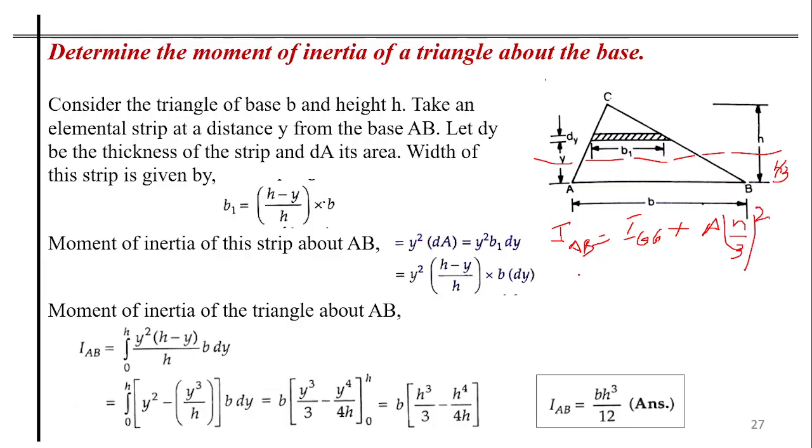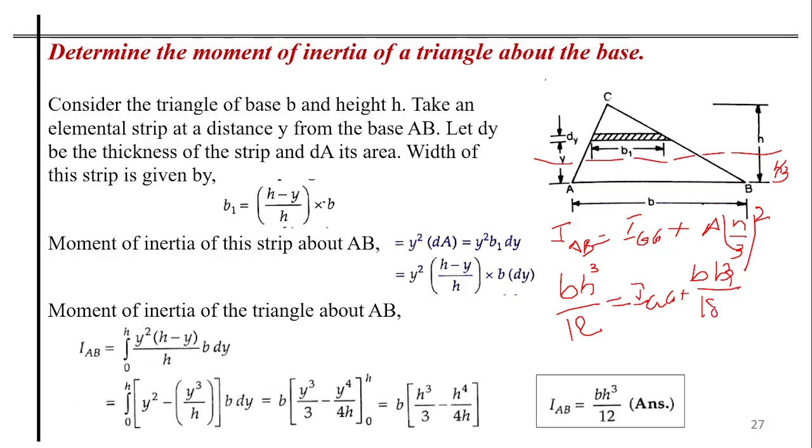Now, IAB is known to me, which is bh cube divided by 12, equal to IGG plus bh divided by 2 into h square divided by 9. That gives me bh cube divided by 18.